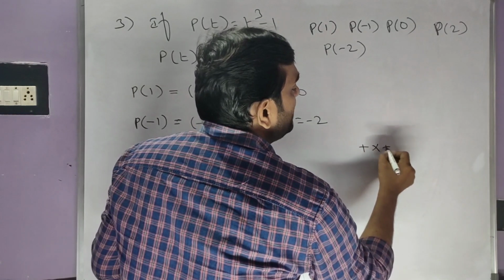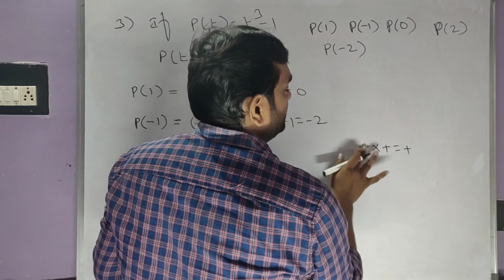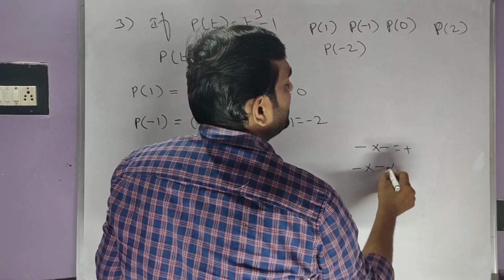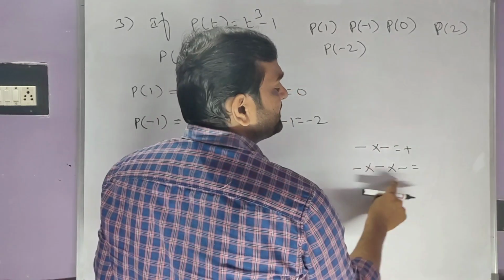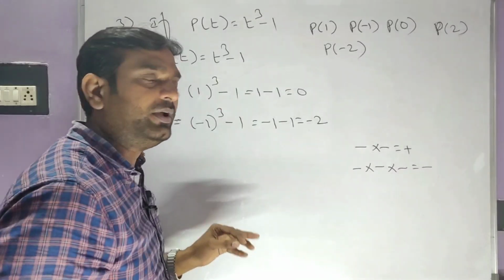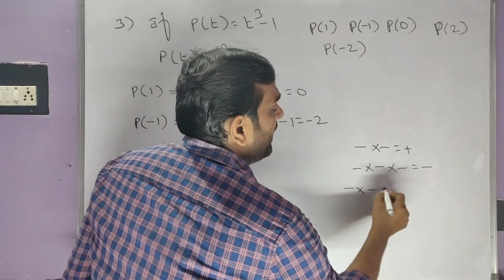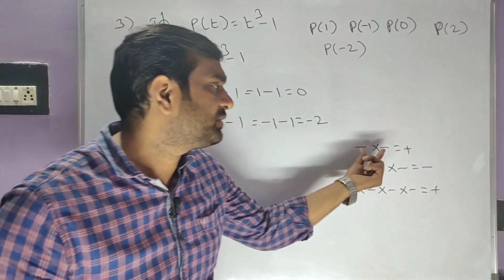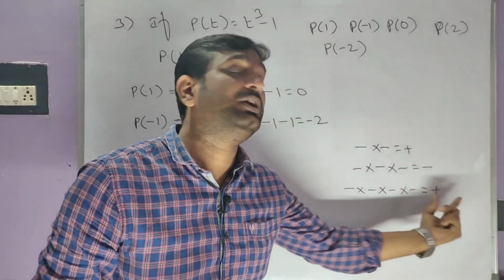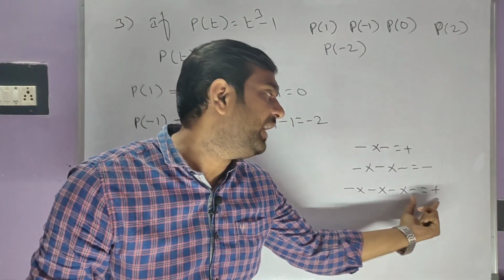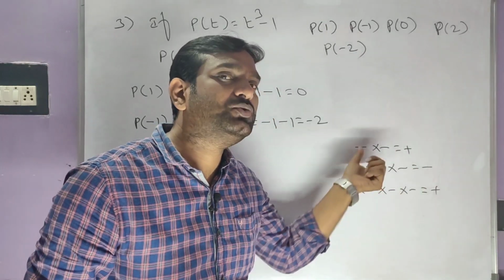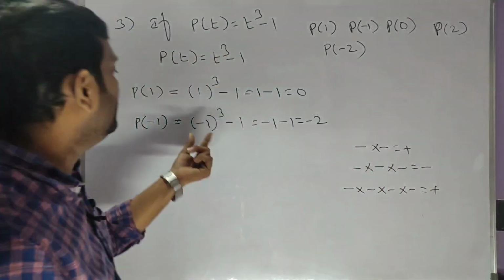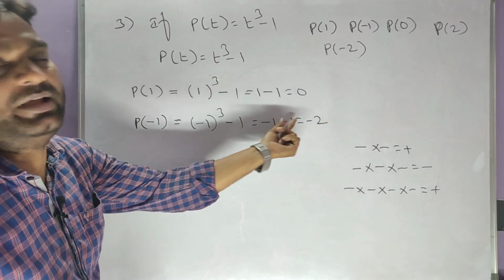Plus into plus is plus, minus into minus is plus, minus into minus into minus is minus, plus into minus is minus. Minus into minus into minus into minus gives plus. Observe here, for 2 times we got plus, for 4 times we got plus. By this we conclude that if you multiply an even number of times, 2, 4, 6, 8, you will get plus only. Odd times, minus only. Here it is odd times, so minus 1, minus 1, minus 2.